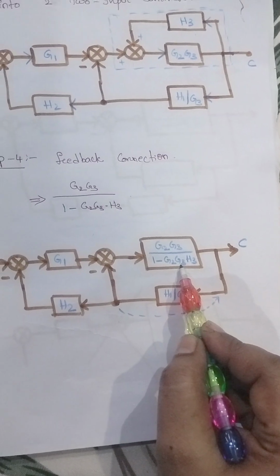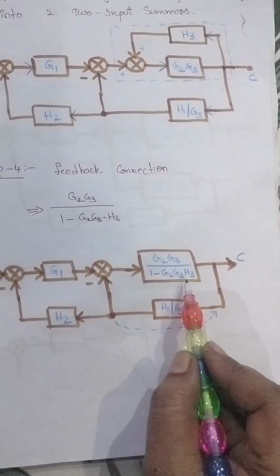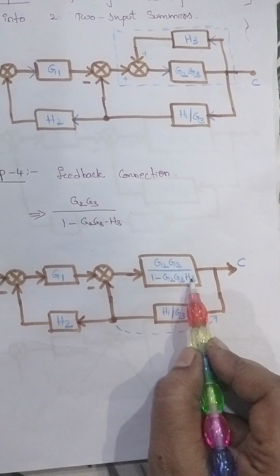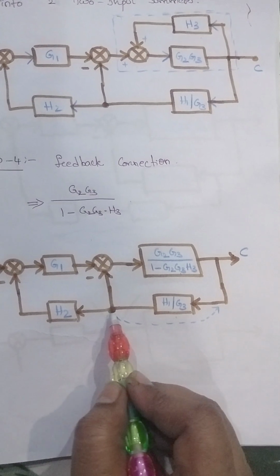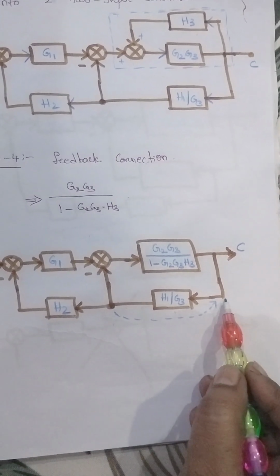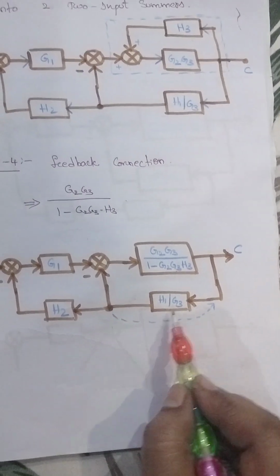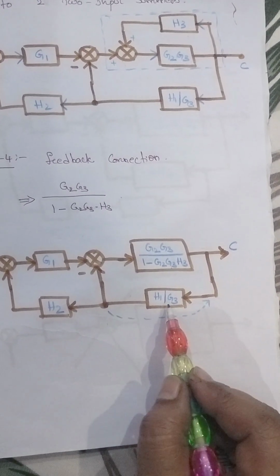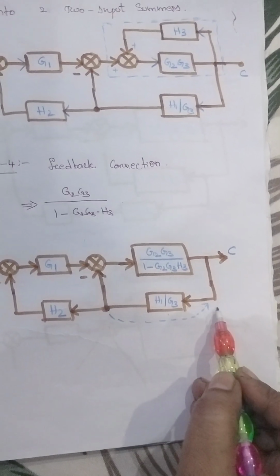Feedback connection value. Now here if you see, again a feedback connection, but here is one more takeoff point. So here we have to shift this takeoff point to this and then we can easily simplify this block. So here we are using the takeoff point movement from this position to this position.